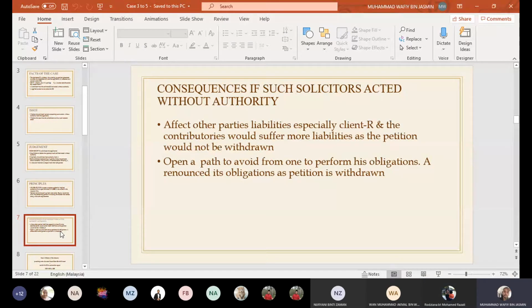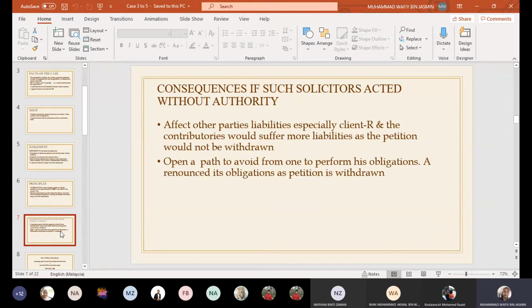If such a consent order was invalid or not to be made, as the court will declare the solicitors had not acted with authority, the respondent here as a company would be wound up, thus engaging them to suffer more liabilities, as the petition itself would not be withdrawn.